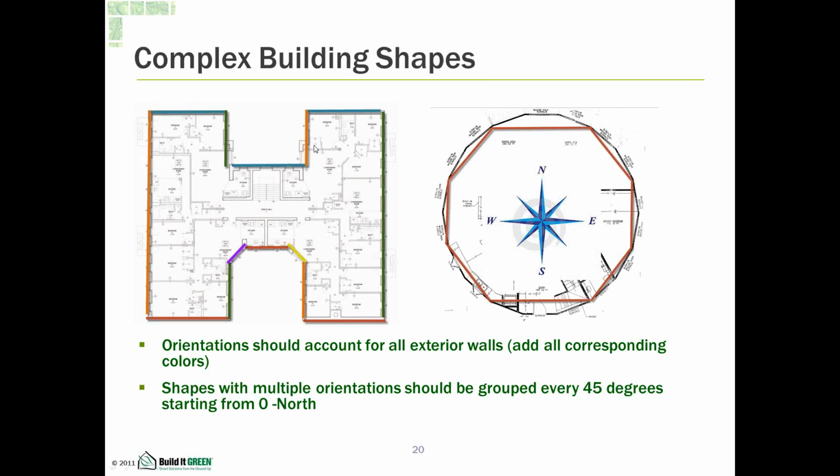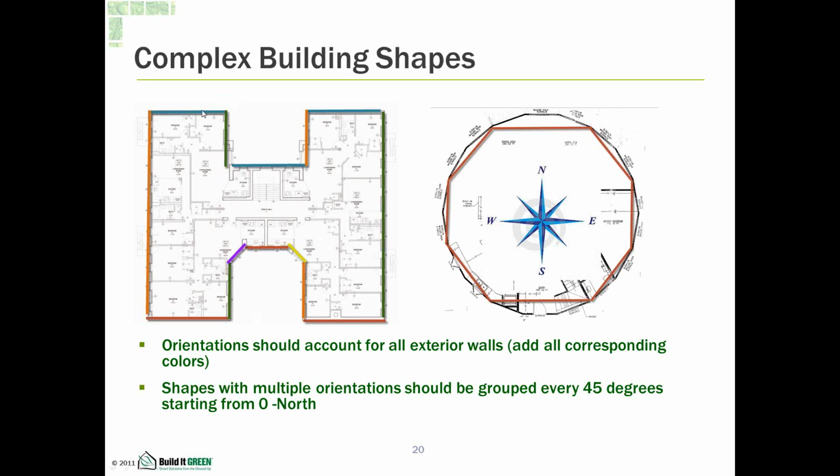So the oranges get added, all the blues get added for that orientation, all the greens get added for that orientation, and the reds get added for that orientation. And we have two separate 45-degree orientations on the bottom of the screen that will be modeled into our model.